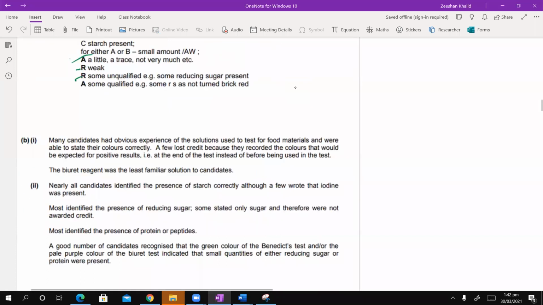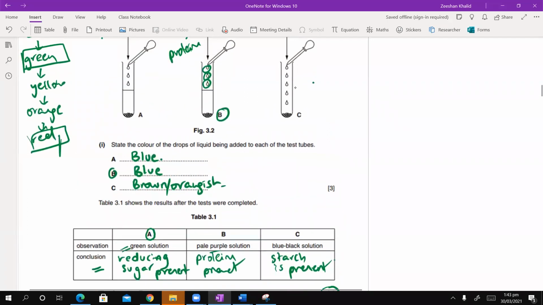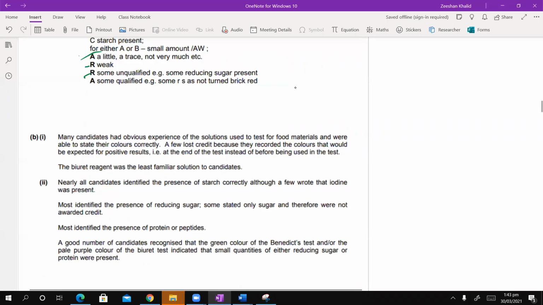A part B1 के बारे में हम comments देख लेते हैं पहले. B1 वाला part क्या था, जहाँ पे हमने colors of indicators बताने थे, so colors of the reagents. Many candidates had obvious experience of the solutions used to test for food materials and were able to state their colors correctly.